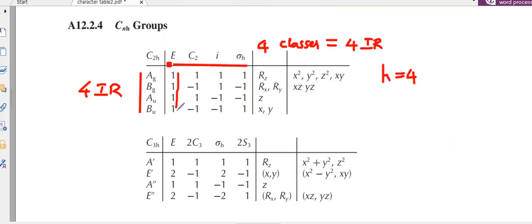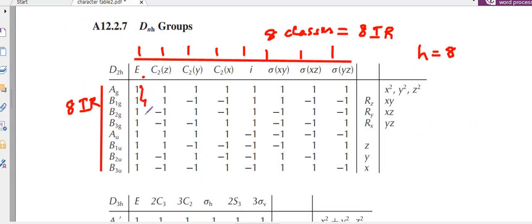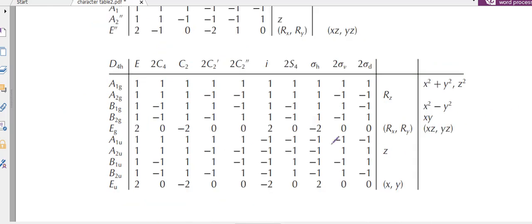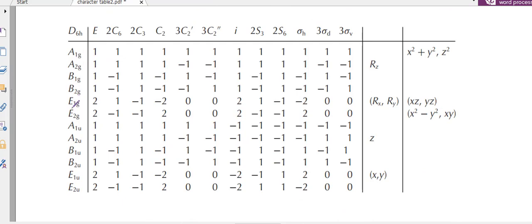All the E values are 1, so we find only A and B. All the values under the identity class are 1, you find only A and B. Here, whenever you find A or B, values are 1. When you find Eg, the value is 2. When you find Eu, the value is 2. Wherever you find E, the value is 2. In the remaining places, you find 1.